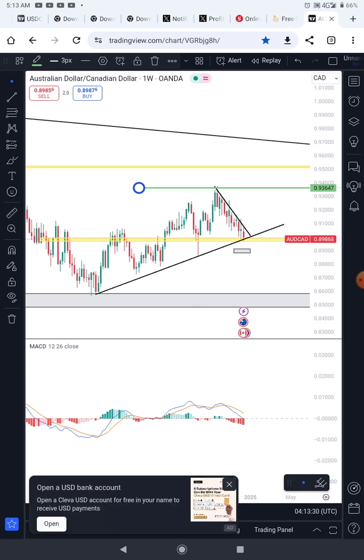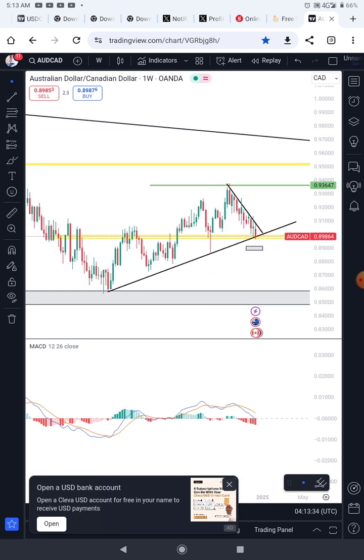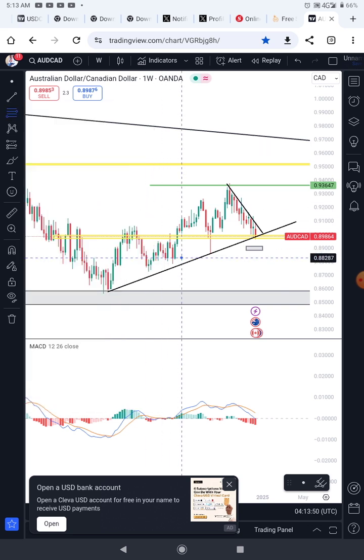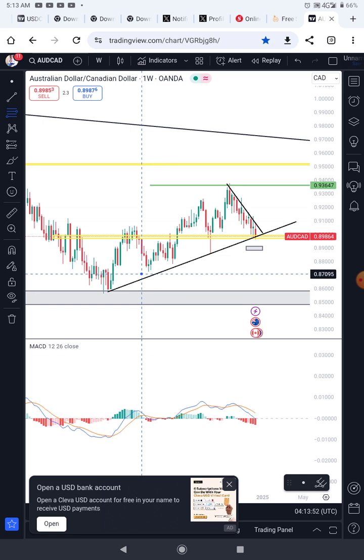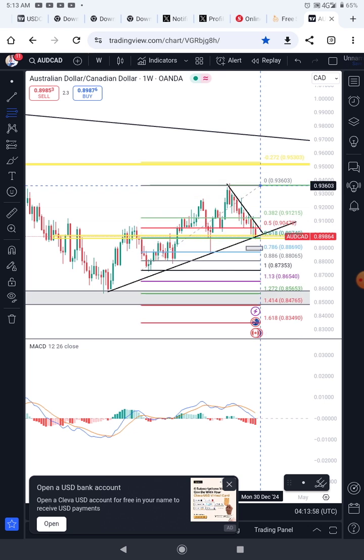Number one is an inverse head and shoulder neckline break. The second one is a trend line pointing upwards. We are seeing a support at the neckline, and if you are conversant with the idea of Fibonacci, you can fib from your swing low to your swing high, right?